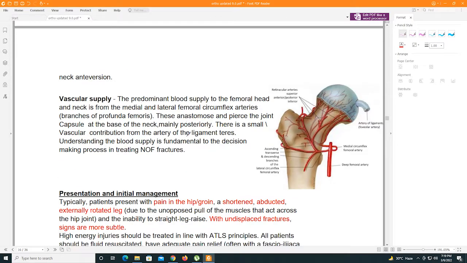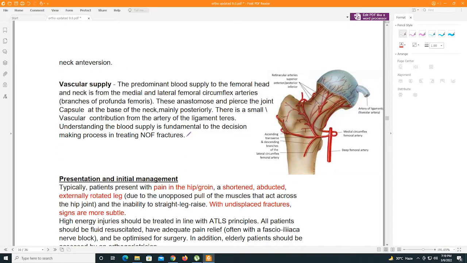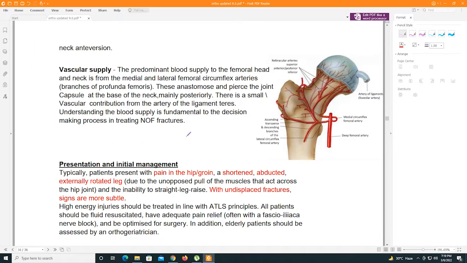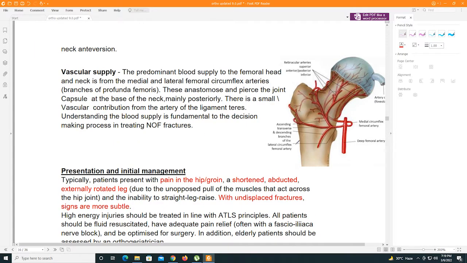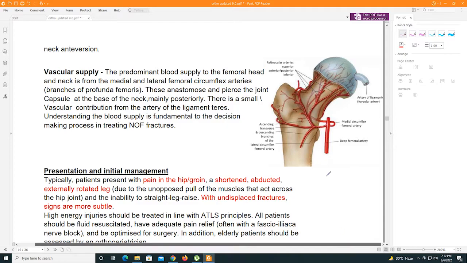Now, to understand the main pathology of the hip fracture, we have to look at this photo. This photo explains the blood supply of the femur, or the hip.